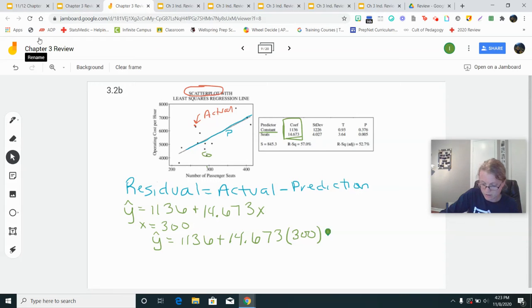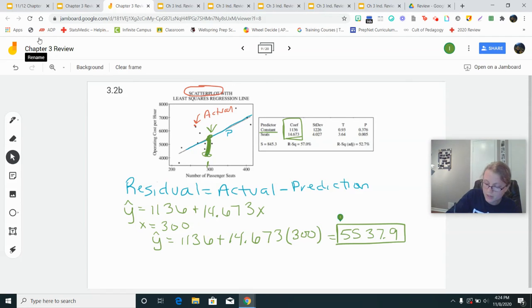The number here is 5537.9. So this number is telling me this is on my predicting line. At about 300, my line is predicting up here, but my actual point is down here. The difference between these two, this big fat green line, that's my residual.